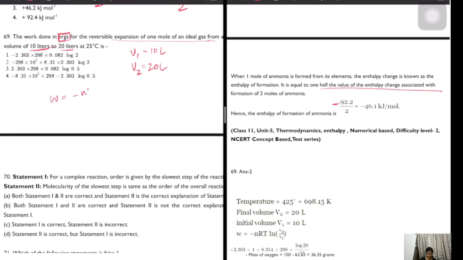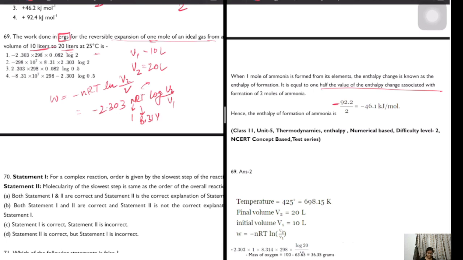We can use minus nRT ln V2 by V1, which can be written as minus 2.303 nRT log V2 by V1. For 1 mole, n is 1. From this, we can make out that R would be 8.314.